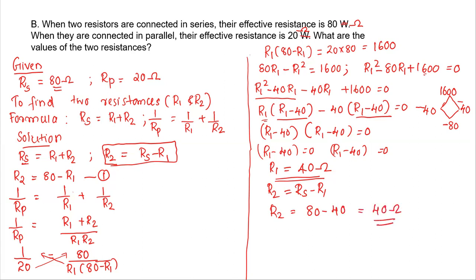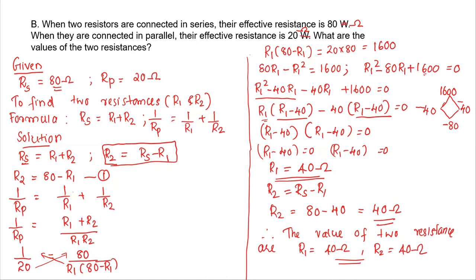Therefore, the values of the two resistances are R1 is equal to 40 ohm, comma, R2 is equal to 40 ohm. I hope it is clear to you. Let us solve the next question.